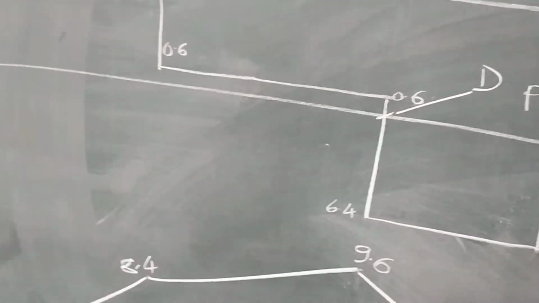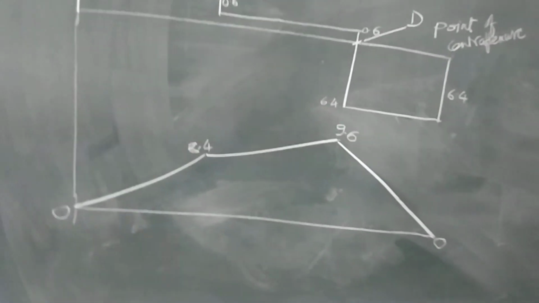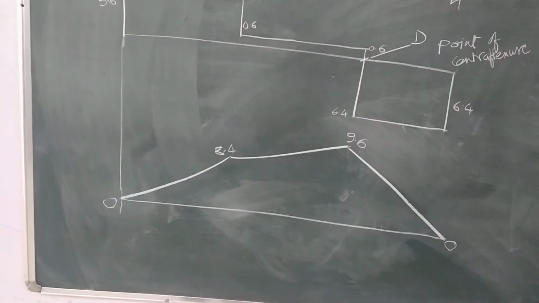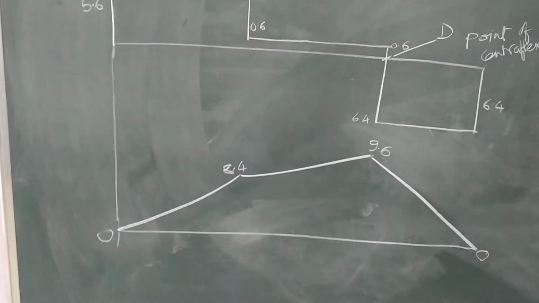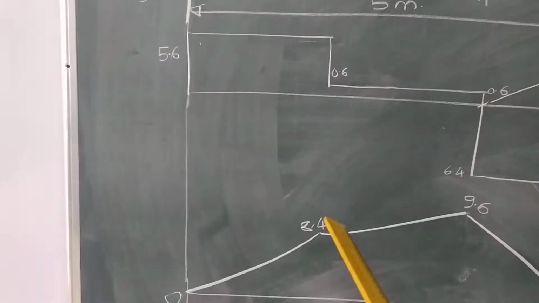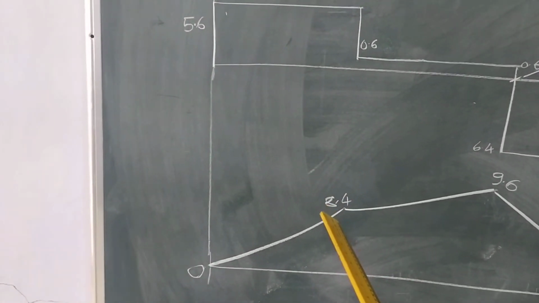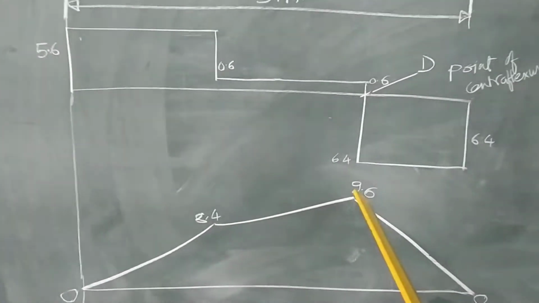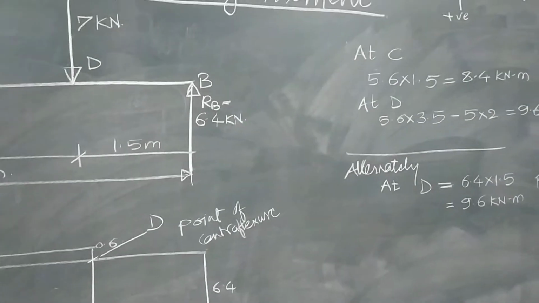Let us draw now the bending moment diagram. As this is simply supported beam, at point C we have calculated 8.4 kilonewton meter, so we have written 8.4. At point D, we have got 9.6.